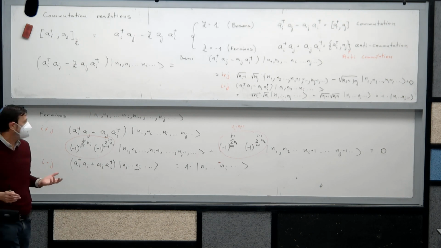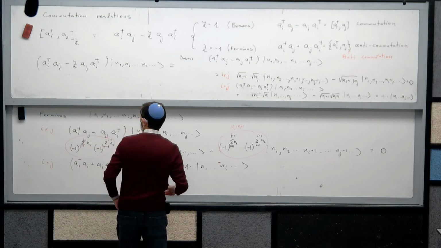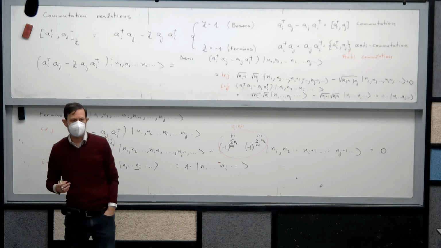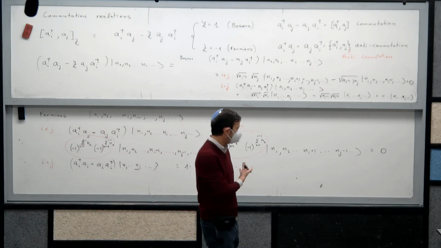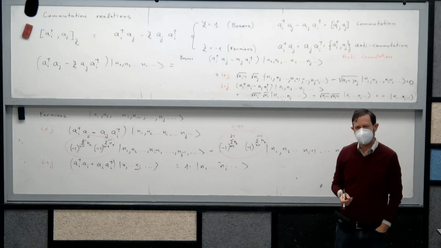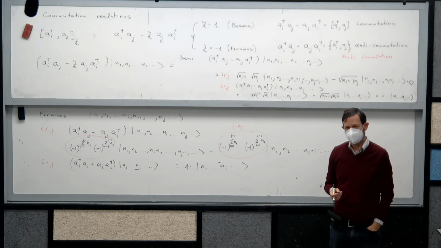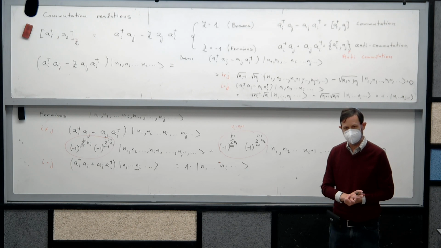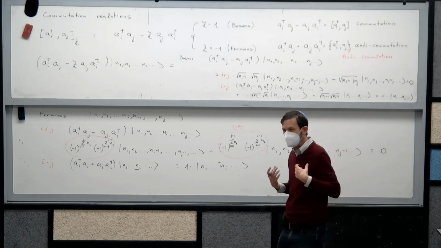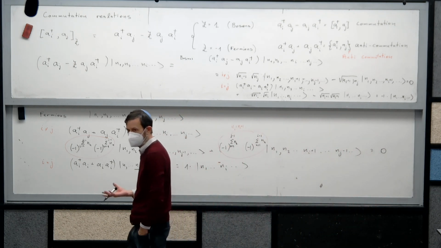Okay, so great, but now you can come and tell me, look, I don't like this basis lambda. I want to work with a different basis. Am I allowed? Yes, of course. The basis is my choice.